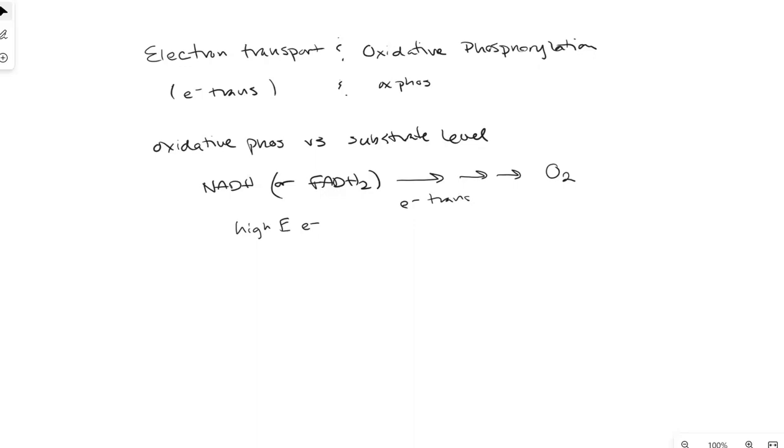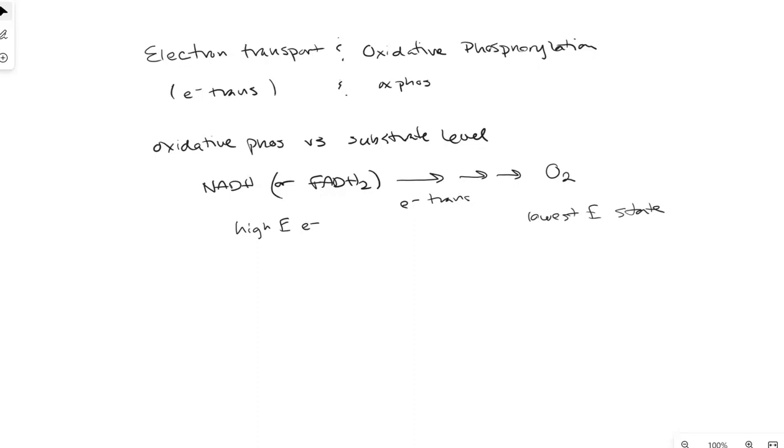So each component of this chain can exist in at least, as a minimum, two oxidation states, and each component is successively reduced and reoxidized as electrons move through the chain, from high energy electrons to our lowest energy state, where we've harvested as much as we possibly can.